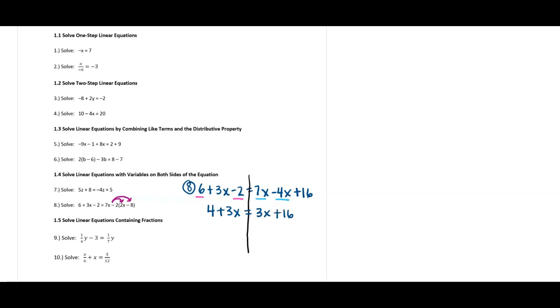Now this is where I'm going to start moving things over from one side to the other. If I subtract my 4 on this side, because I'm trying to move it over to the other side, that's going to give me 3x equals 3x plus 12. And then I need to get my x's together, so I'm going to subtract my 3x over to the other side.